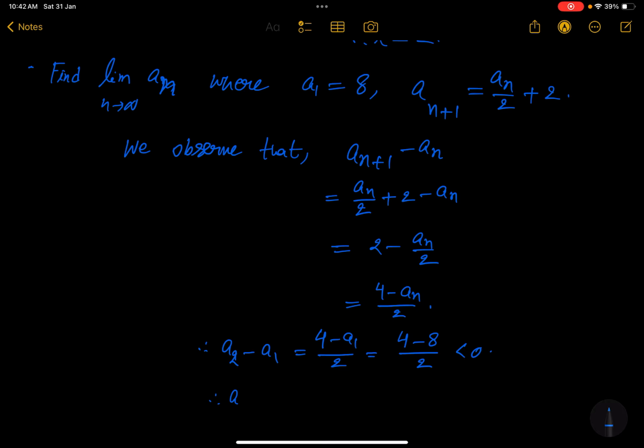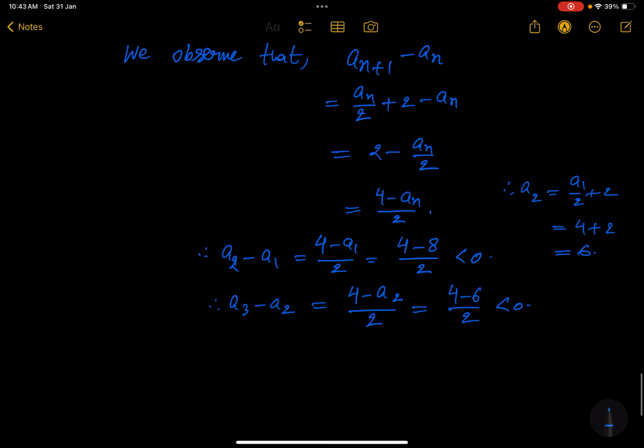What about a3 minus a2? It is (4 minus a2) by 2, but what is a2? 8 by 2 is 4, plus 2, which is 6. 4 minus 6 is negative. So a3 is less than a2.